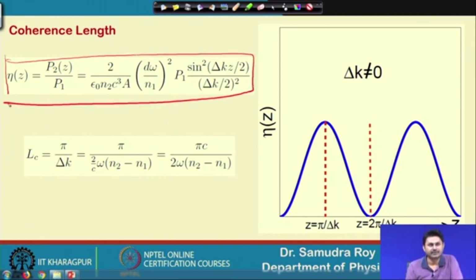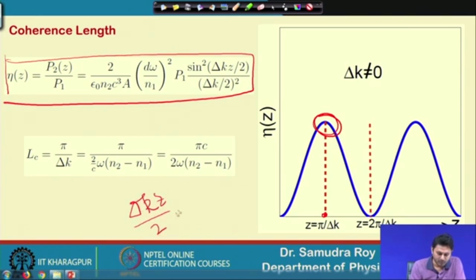The expression of this efficiency we have already derived, and we find that this is proportional to the sine square when delta k is not equal to 0. So, we find that there is a specific distance z for which I will have the maximum value, and these maxima will occur when delta k z by 2 becomes pi by 2, because we know that sine square of pi by 2 is 1.